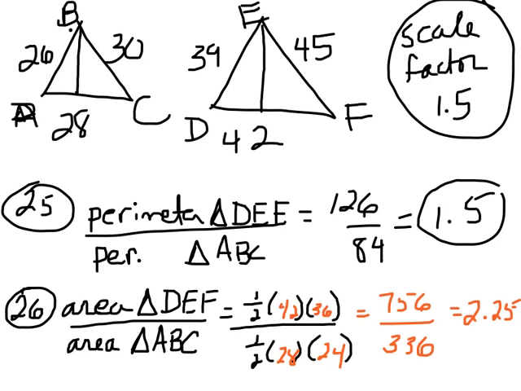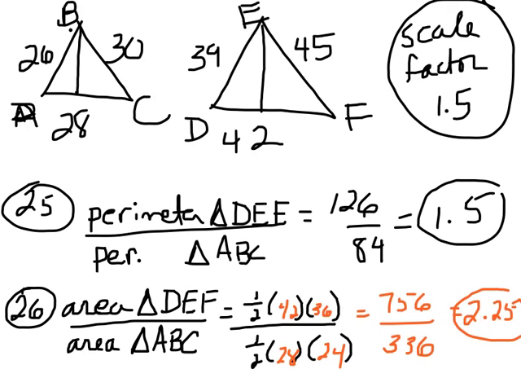So the area ratio is the same thing as the scale factor squared. If you make a ratio out of the areas, a ratio is just one fraction, it will be the same thing as whatever the scale factor was squared.